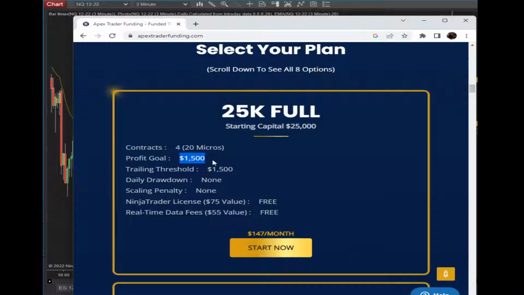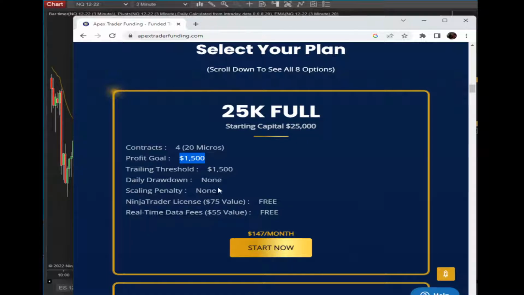Once you pass that first combine, you go to stage two and basically redo the whole thing. But this time they are a little more strict on how much you can make in a certain day, as well as how much you can lose in a day. And then they implement the scaling, where you can only trade two contracts at the beginning. Once your account gets past a certain level, you can go to three contracts, and it goes from there.